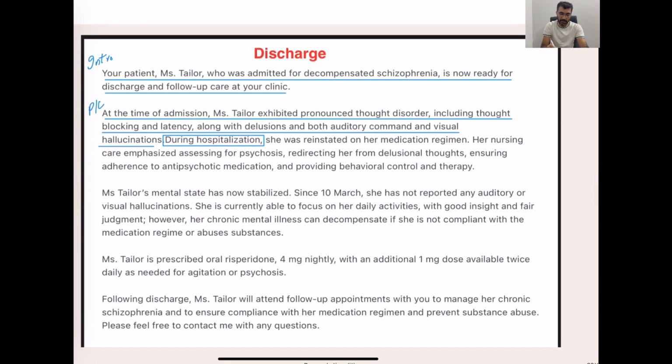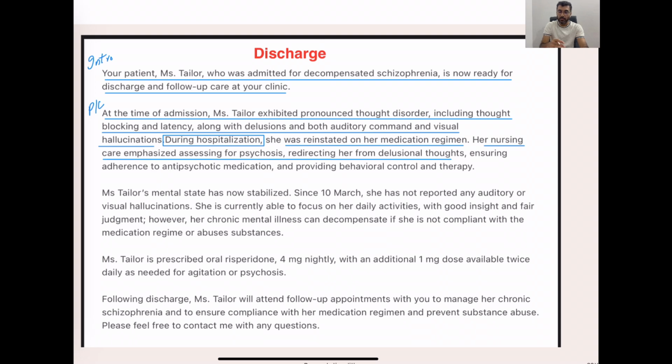So next thing was the hospital stay paragraph. During hospitalization, she was reinstated on her medication regime. Her nursing care emphasized assessing for psychosis, redirecting her from delusional thoughts, like that.